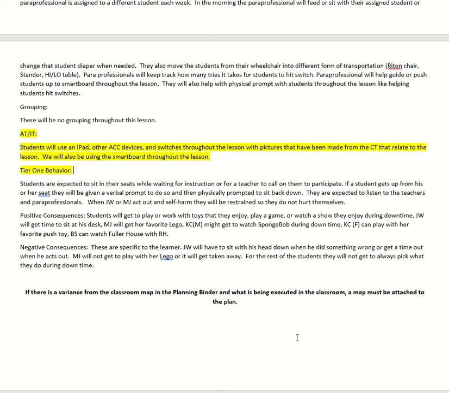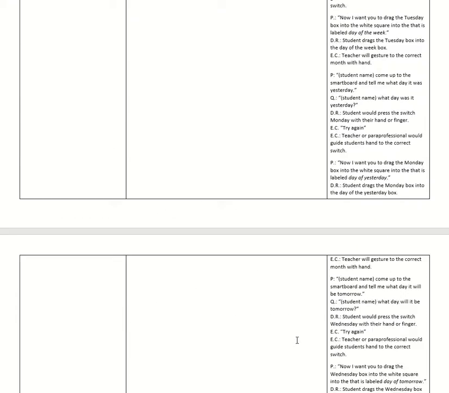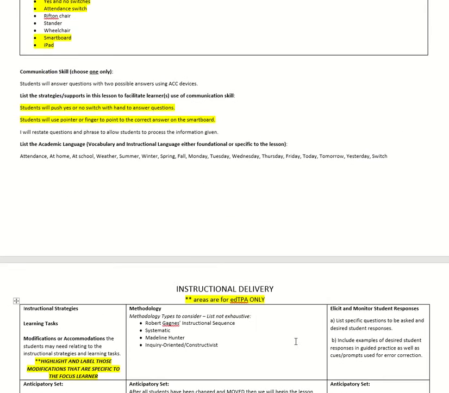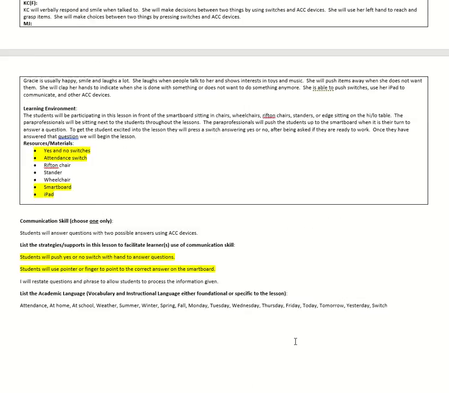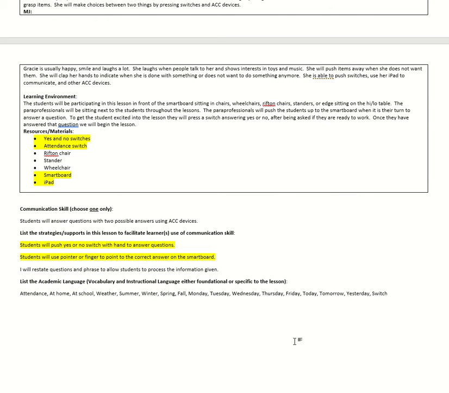All right. So overall, I think that Kelly did a really good job utilizing the UDL approach to this. I also like how she wrote this here. You can see that she's talking about what physical things they're going to do, so I think that's a good thing.